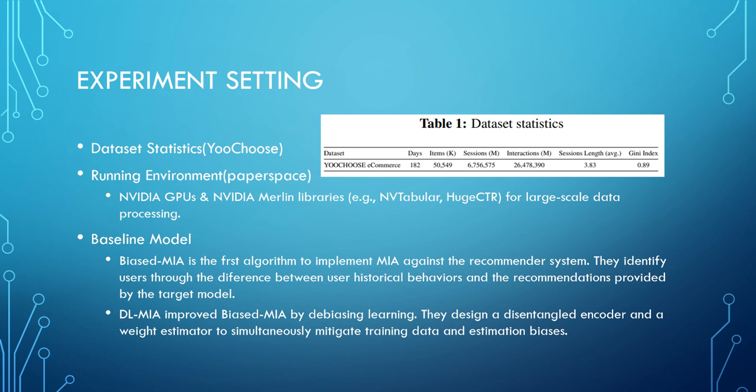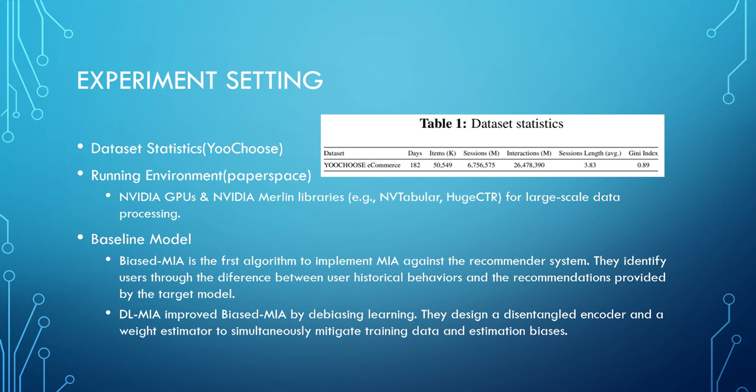And I select two baseline models. The first one is the biased MIA. That is the first algorithm to implement MIA against the recommendation system. This paper identifies users through the difference between the user's historic behaviors and the recommendations provided by the target model.